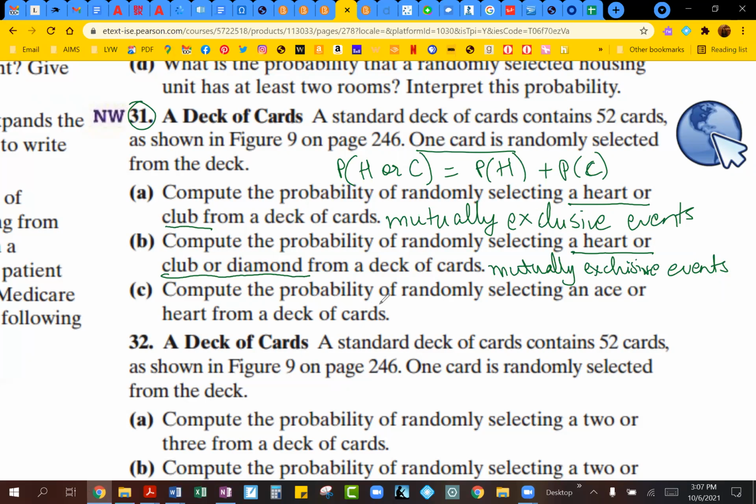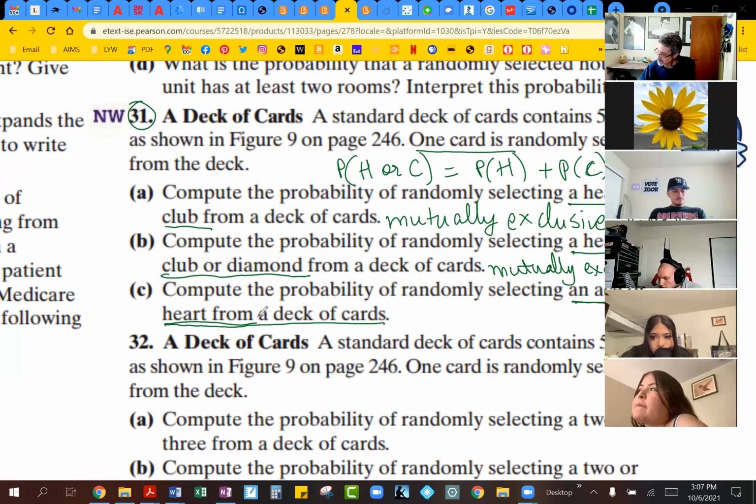They're saying compute the probability of randomly selecting an ace or a heart from a deck of cards. So an ace or a heart. So can these be occurring at the same time, or are these mutually exclusive? An ace and a heart. They can occur at the same time.